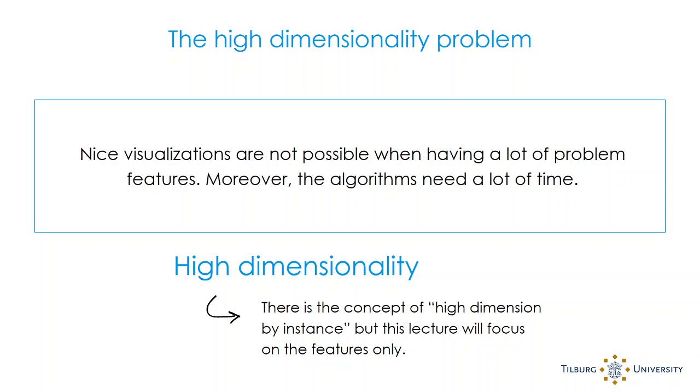But actually, this is a motivation for sure, but this is the trivial one, because not everything concerns the visualization of the data. Another thing is that the algorithms we want to run, the models we want to build, are quite sensitive to the dimensions.